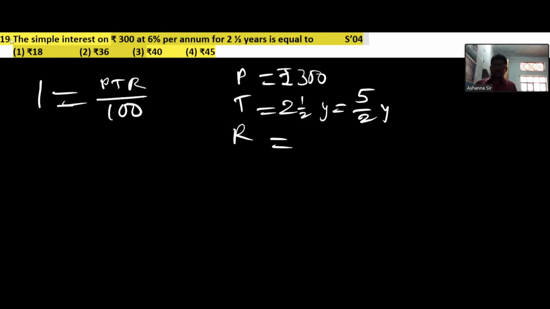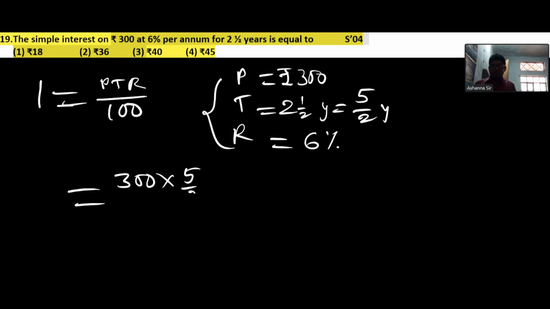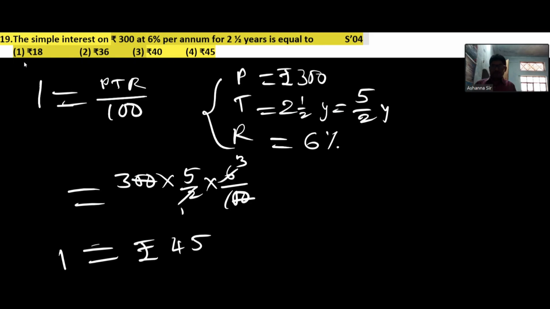Rate of interest 6%. Now we substitute these values: 300, 5 by 2, 6%, 2 zeros, 2 ones, 2 threes. 3 fives are 15, 15 threes are 45. 45 rupees is interest. Option 4.